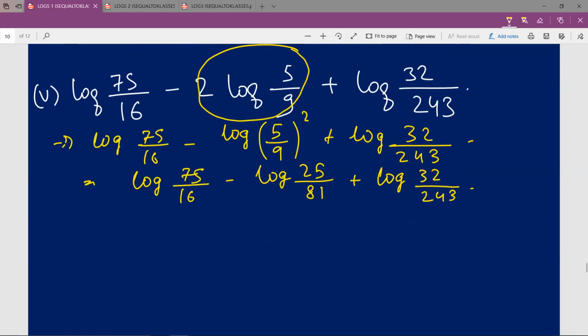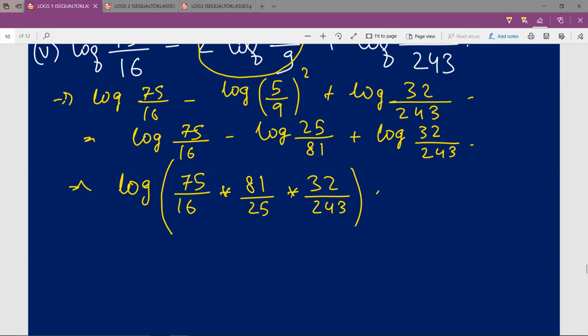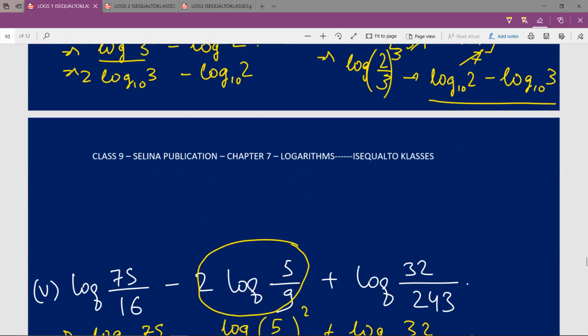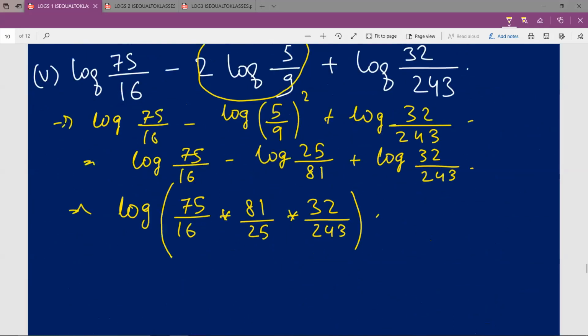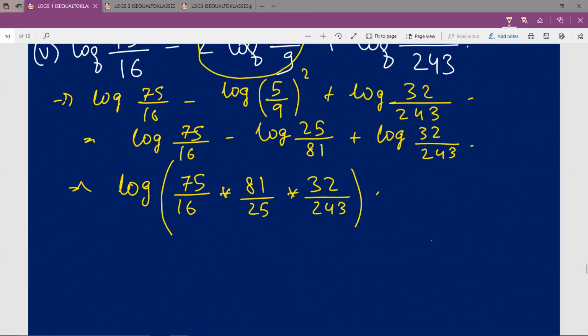Furthermore, I could write this whole equation as, so what I've done here, I've gotten all of these monsters into one big group. So log 75 upon 16 minus log of 25 upon 81, according to the second law, I have written it as 75 by 16 divided by 25 by 81, which is 75 by 16 into the reciprocal of 25 by 81, which is 81 by 25.